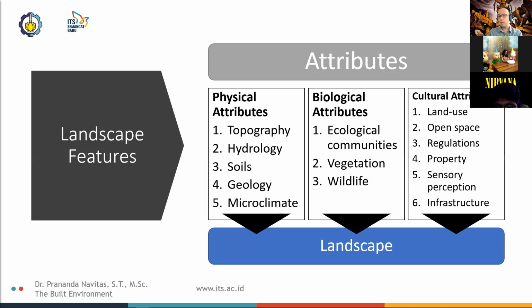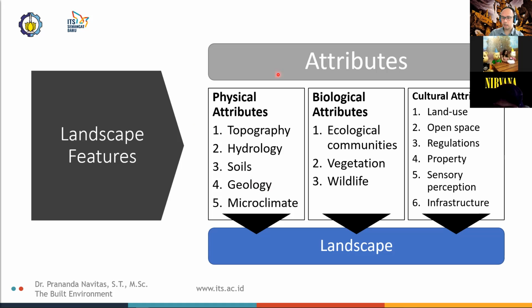Now, when we talk about landscapes in general, this is something that I also teach in site planning, and talking about landscapes today is similar to what I talk about throughout the semester in the site planning unit.